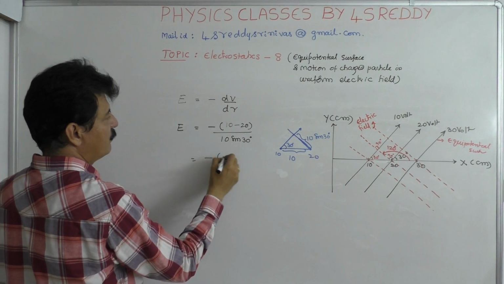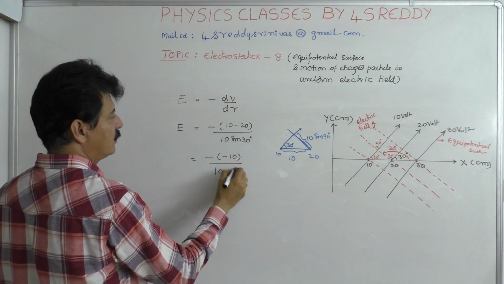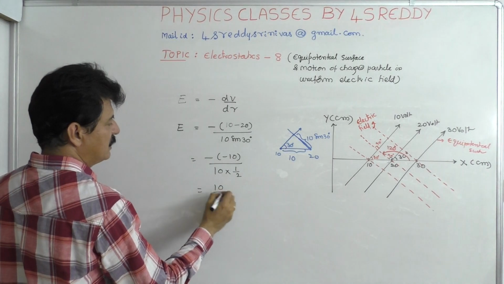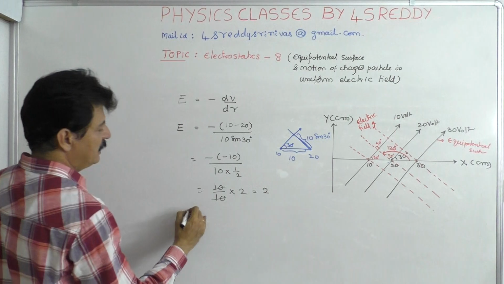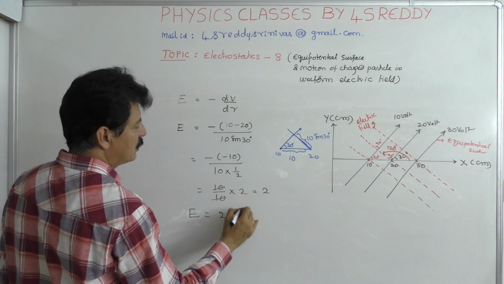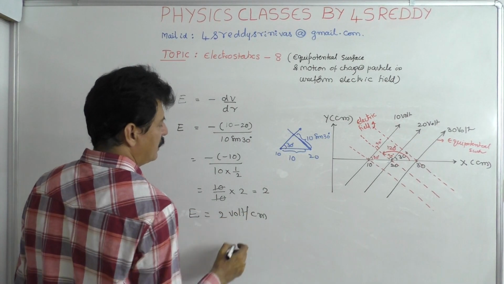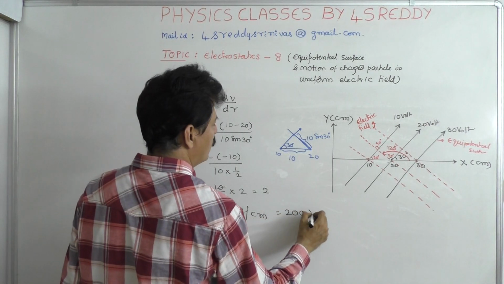Therefore, minus of minus 10, by 10 into 1 by 2. That is 10 by 10 into 1 by 2, that is 2. Therefore, E is equal to 2 volts per centimeter or 200 volt per meter.